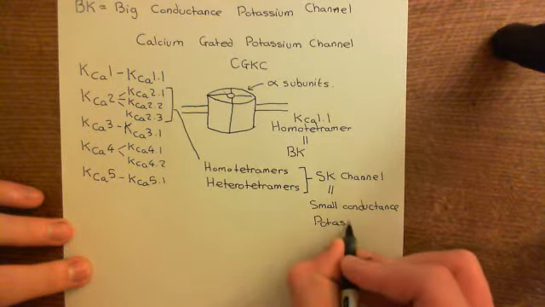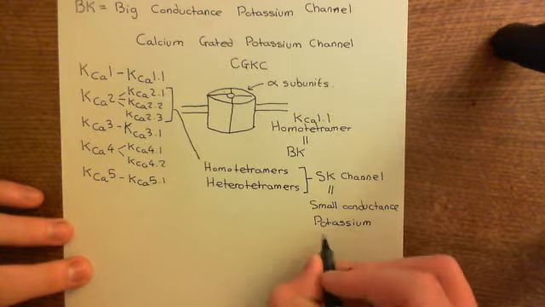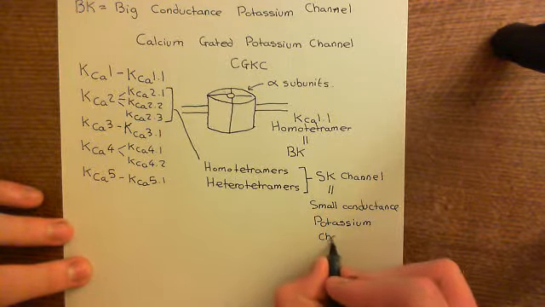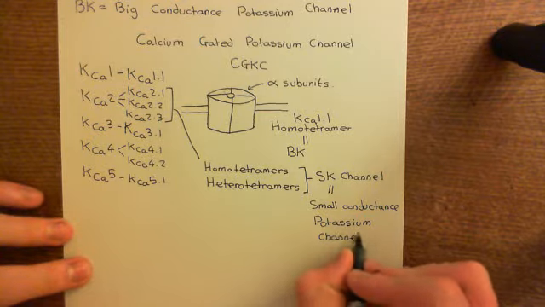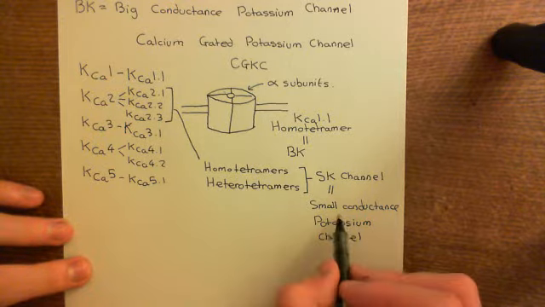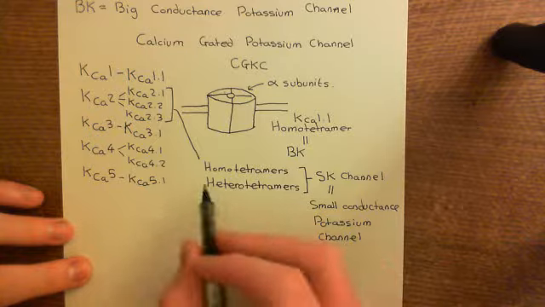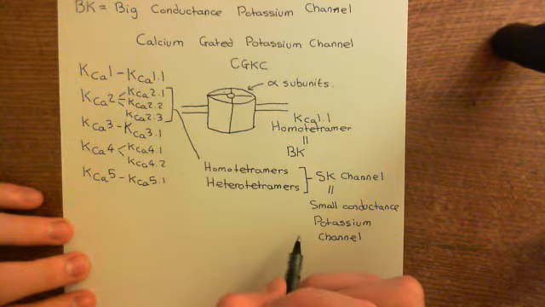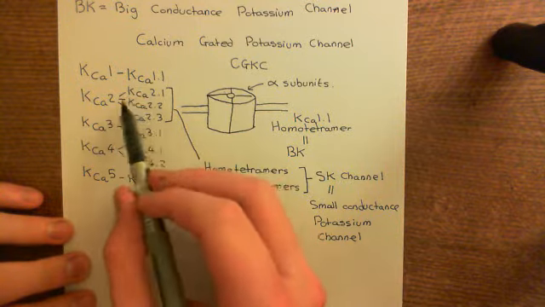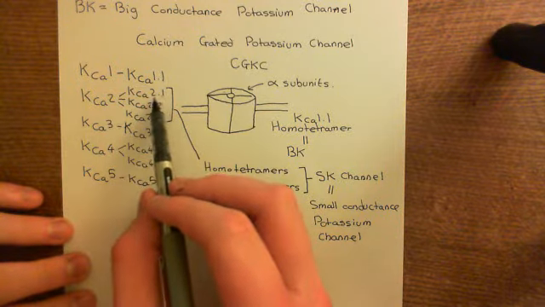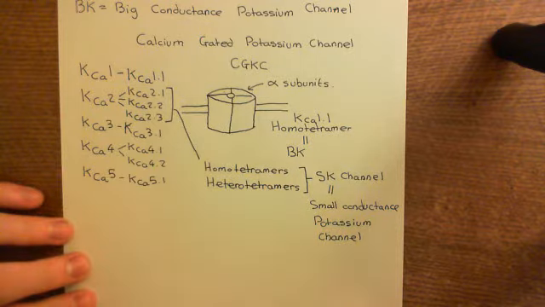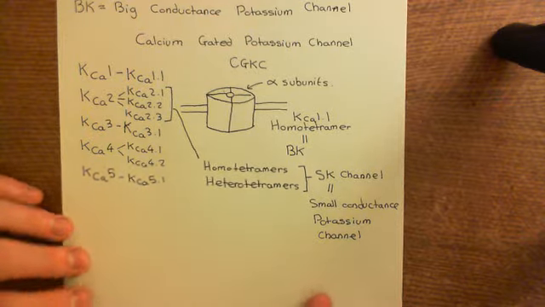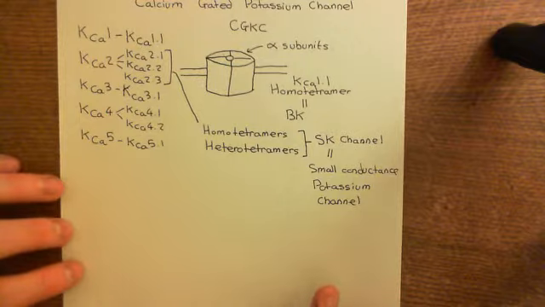The KCA 2.2 homotetramer will be considered a small conductance potassium channel. The KCA 2.3 homotetramer will be considered a small conductance potassium channel, and all of the heterotetramers would also be considered a small conductance potassium channel. So when you mix and match, for instance, take 2 KCA 2.1s and then bind them to 2 KCA 2.2s, that would be a heterotetramer, and that would still be considered a small conductance potassium channel, or an SK channel.